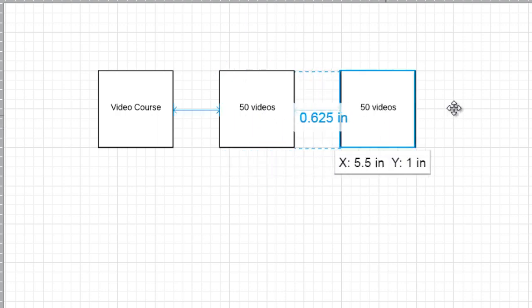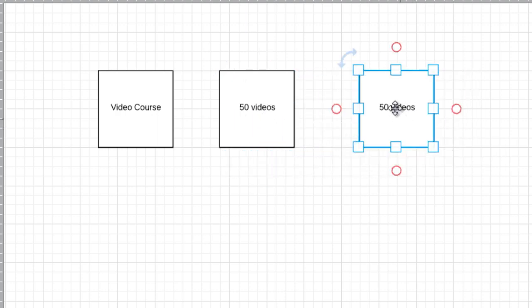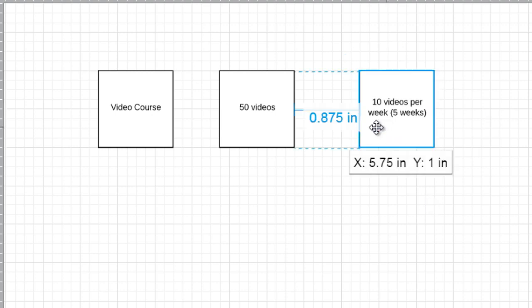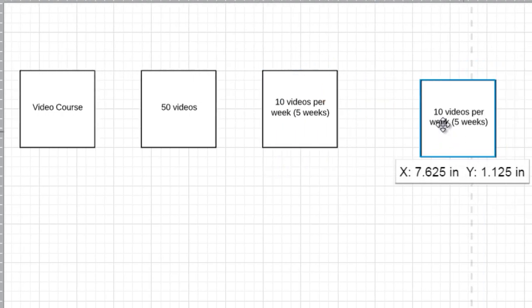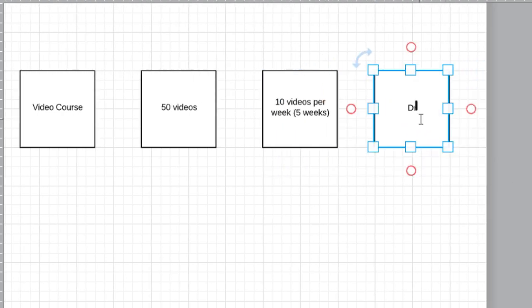With 50 videos, maybe I'll give them 10 videos per week for 5 weeks. In this case, I'm definitely going to have to drip feed it, so I'm going to put that down. Drip feed.